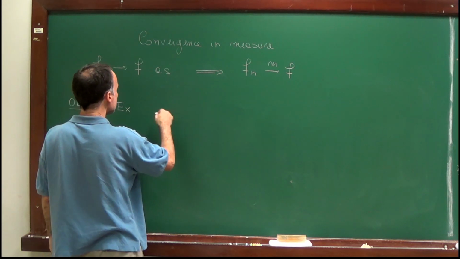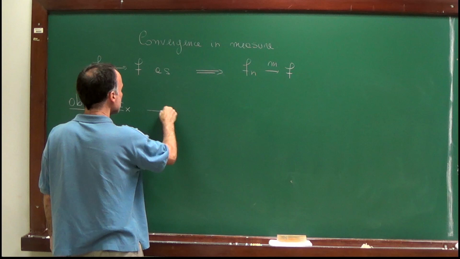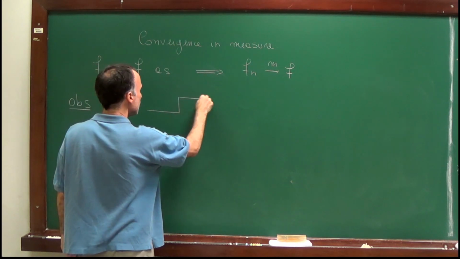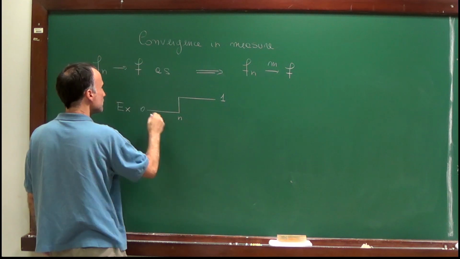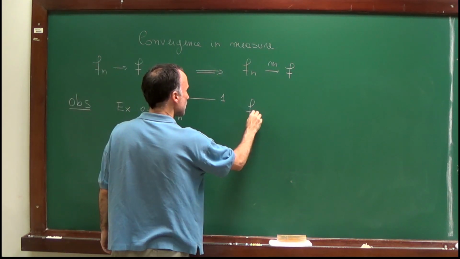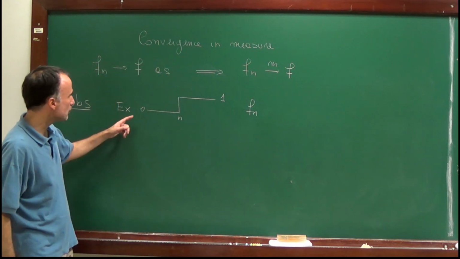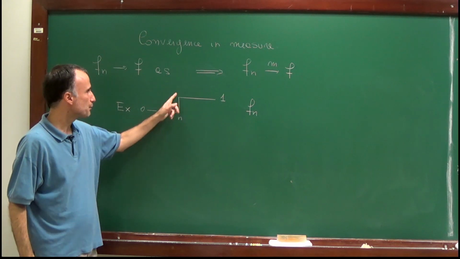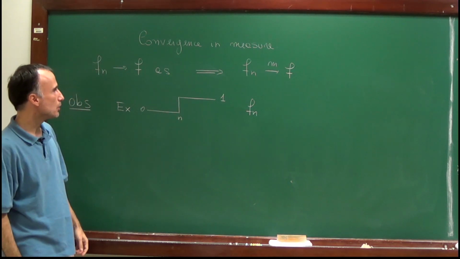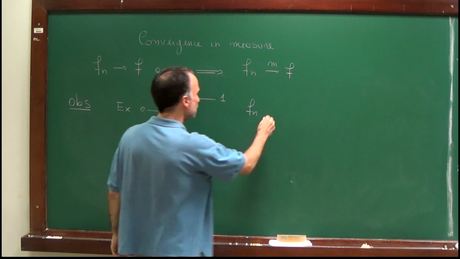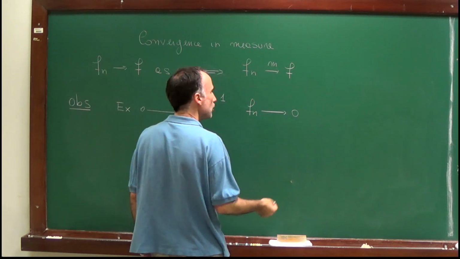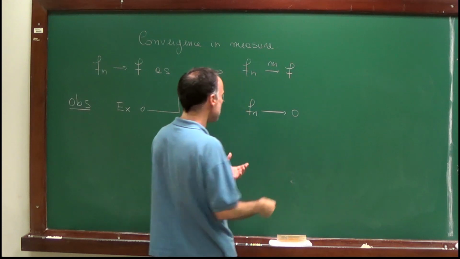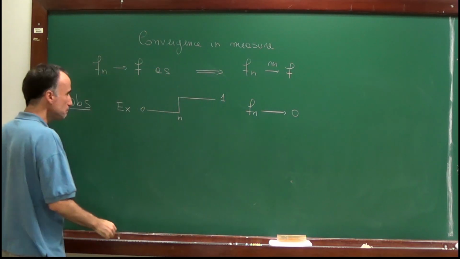Consider the function which is equal to 0 up to n, and then which is equal to 1. So here's the graph of the function f_n. It's clear that f_n is converging to 0 almost surely. In fact, it's converging to 0 pointwise.